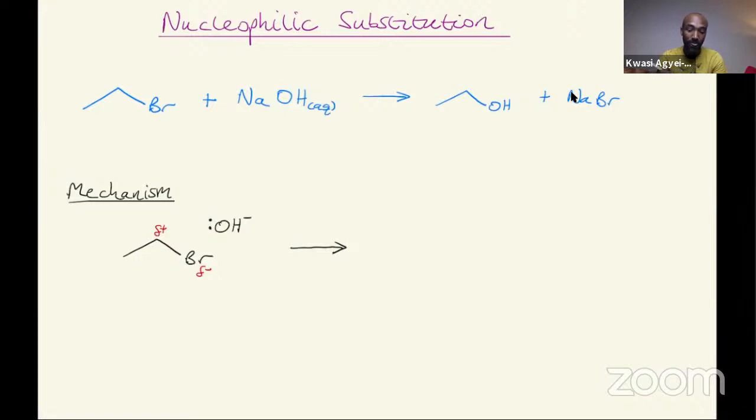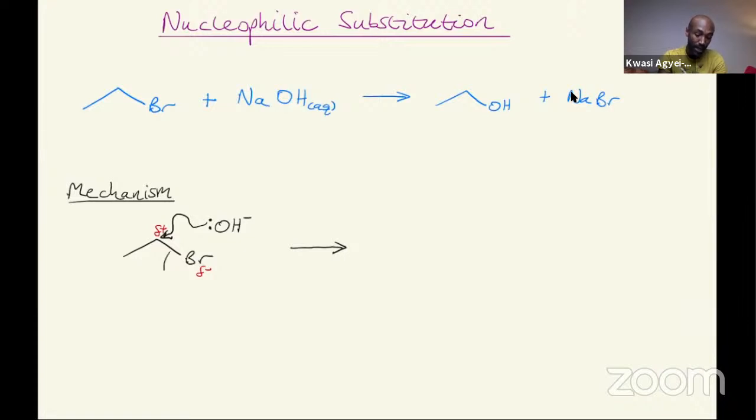The first curly arrow we're going to draw is from the lone pair on the oxygen of our OH minus ion to the carbon of our C-Br bond. The consequence of that bond between the oxygen and the carbon is that the other bond, the C-Br bond, has to be broken.